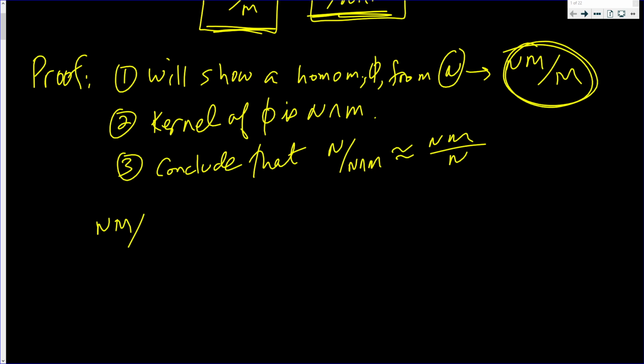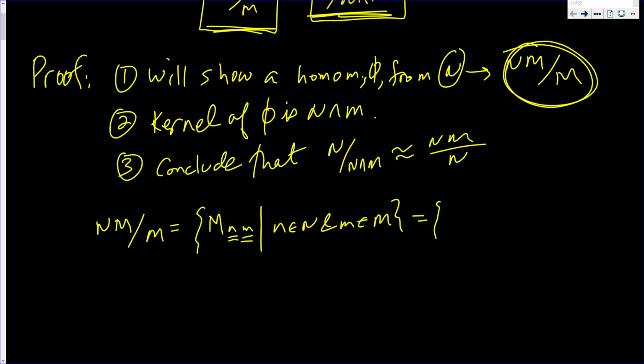NM mod M is the set of cosets M times nm, where n is in N and m is in M. But since M and N are both normal subgroups, this is the same as M times m'n.